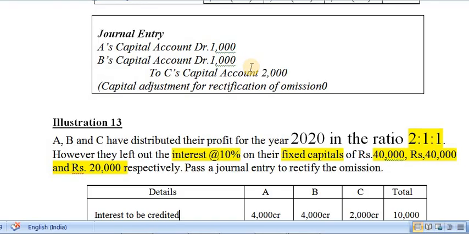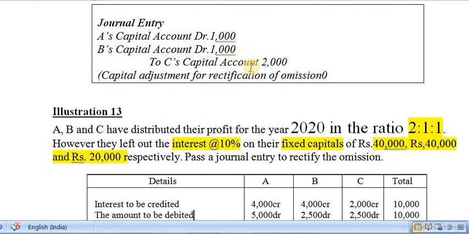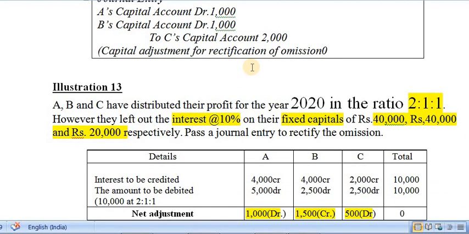This is something that we have to reverse. And we have to give them what? 40,000, 40,000, 20,000. They left out interest on capital at the rate of what?